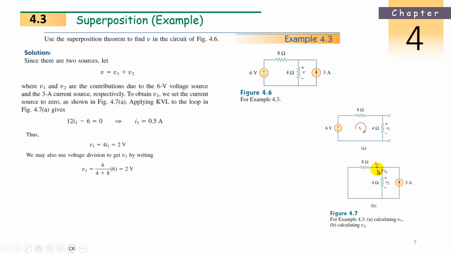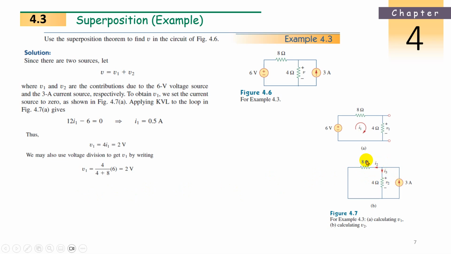Now, in this, I assume this is I2, and in this resistance, I assume I3. Now, this is the current, 3 amperes, coming in. At that node, what are the incoming currents? 3 amperes. What are the outgoing? I2 and I3. So, node analysis: what equation can I write? 3 equals I2 plus I3.